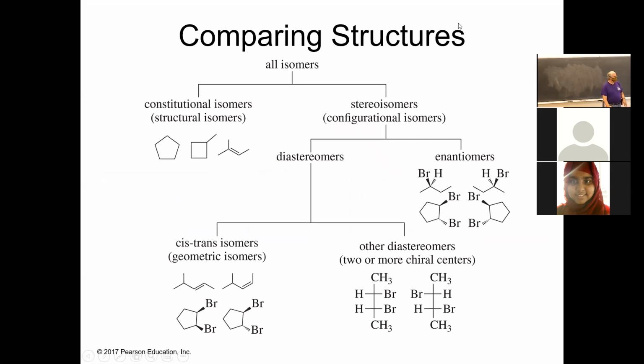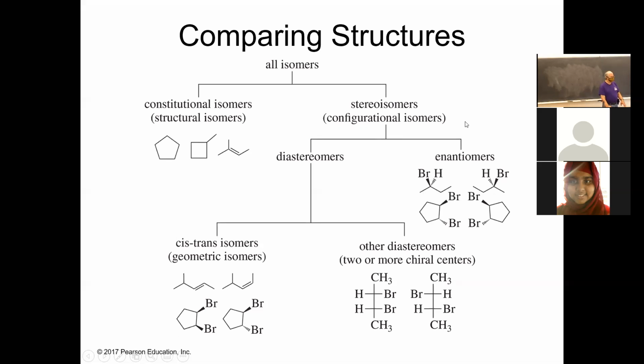Okay, this is a general description of isomers. These are all constitutional isomers up here in the left upper corner. They have the same formula, but a different skeletal structure. Stereoisomers will have the same connectivity: substituents are all in the same positions, but the three-dimensional shape is different.